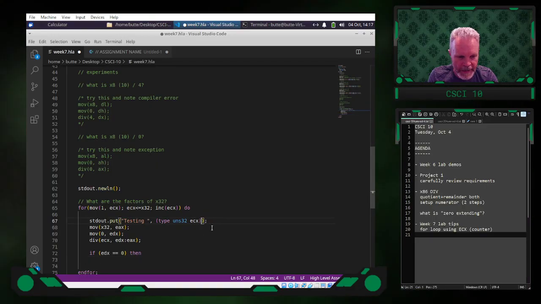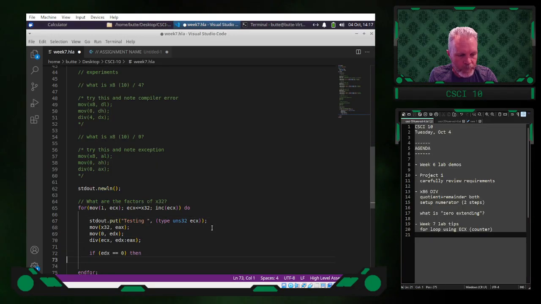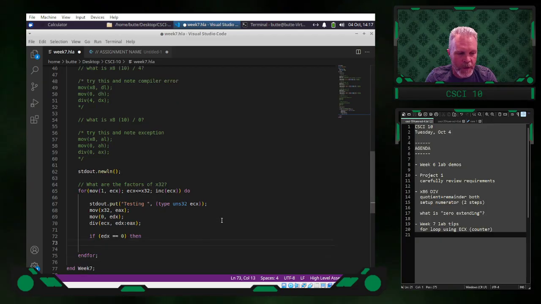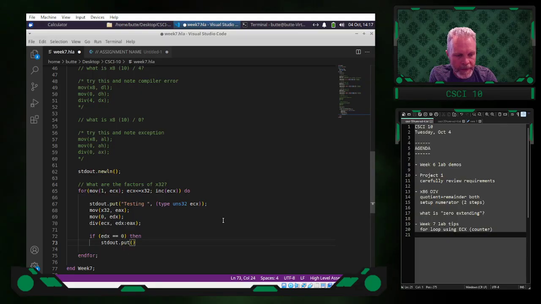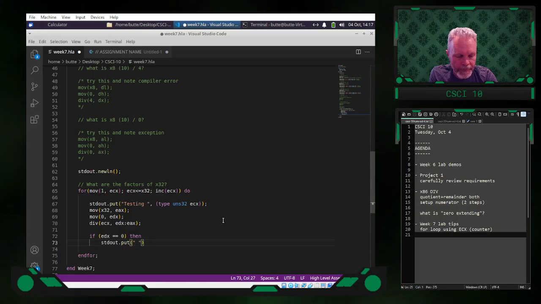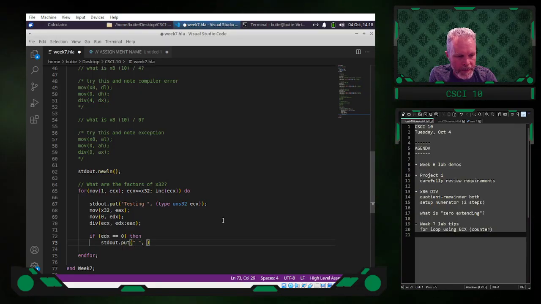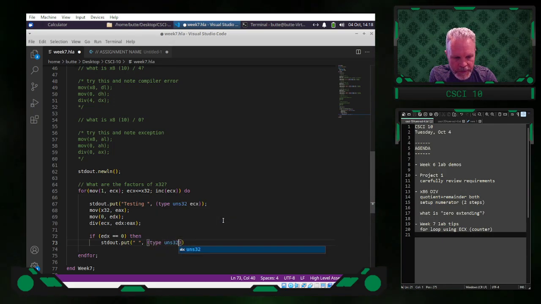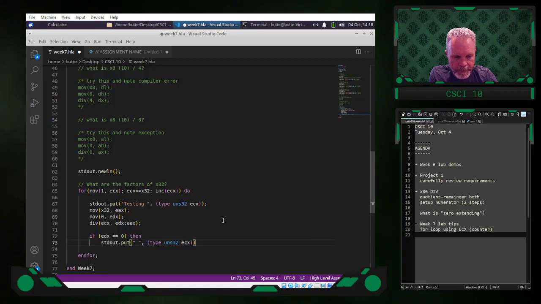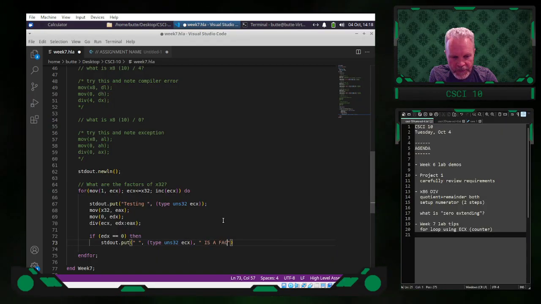So I can say, I'll take the new line out right here, by the way. So if EDX is 0 after that division, then I can safely say, I need a space here. Type uns32 ECX is a factor.